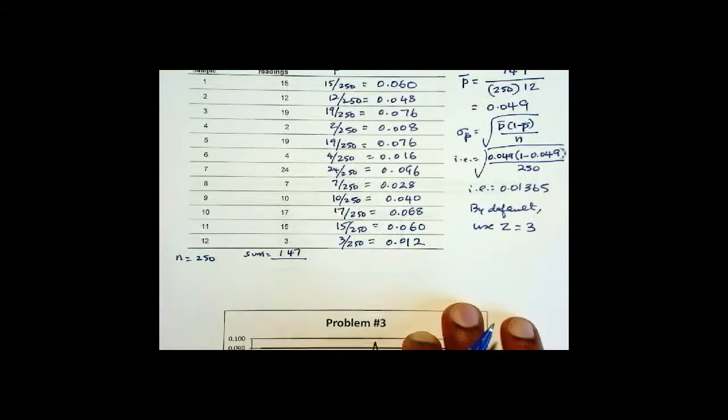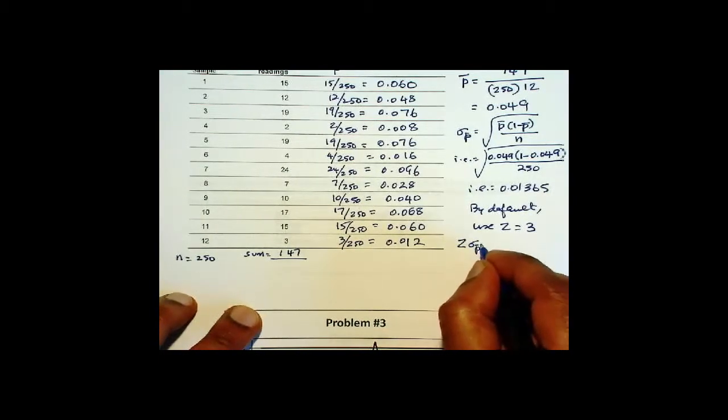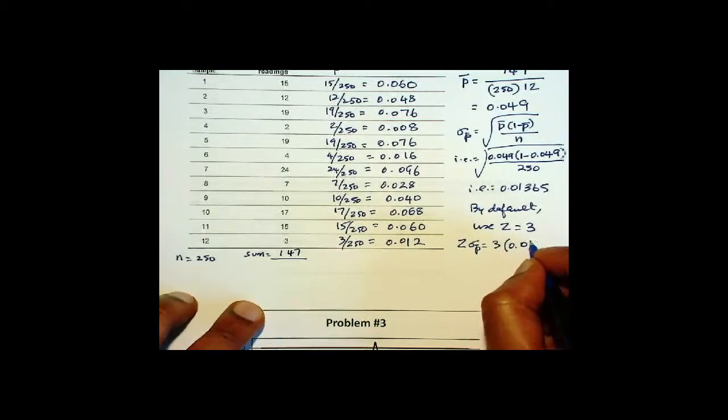So z times sigma sub P bar is 3 times 0.01365, and that is equal to 0.04095.